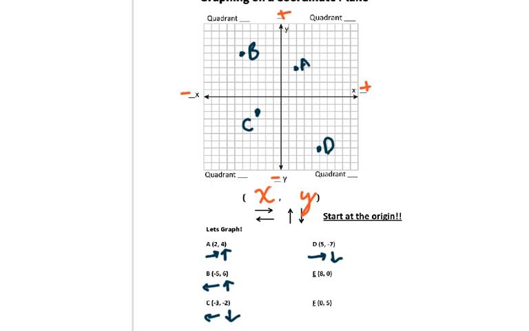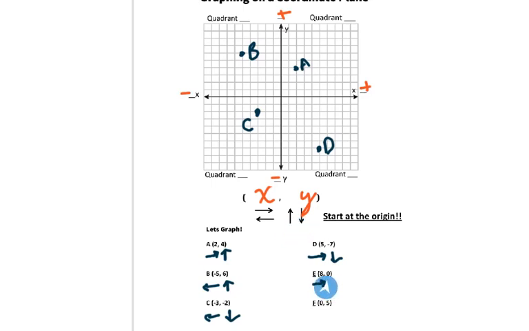So next we have letter E. In letter E, it's exactly the same. We just need to be very careful. So there's an 8 in the x spot. A positive x value goes to the right. So I'm going to put my right arrow with my 8. But if we look at our y, it is a 0. If that number is 0, it means we don't go up and we don't go down.